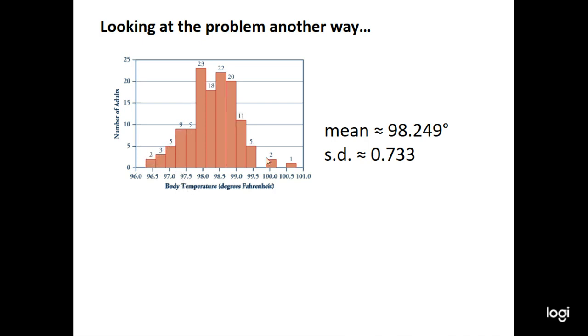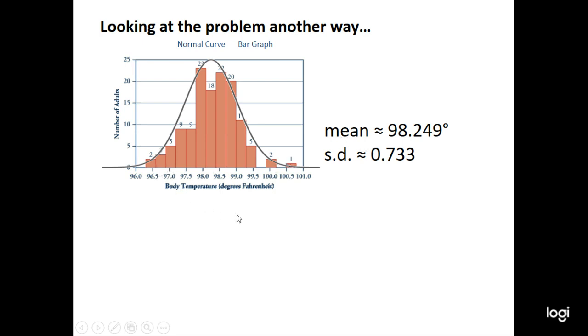It definitely has that beautiful symmetric mound shape to it. It's not perfect, not by any means, but we can see that mound shape. I can, for example, fit, at least roughly, a normal curve to that distribution.